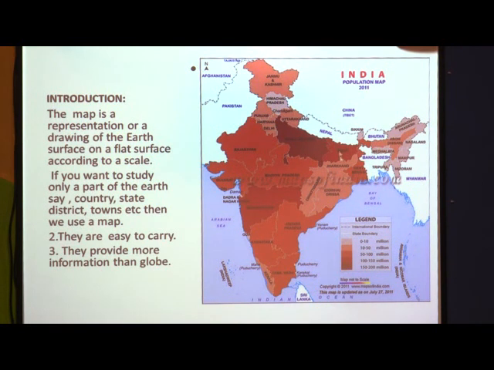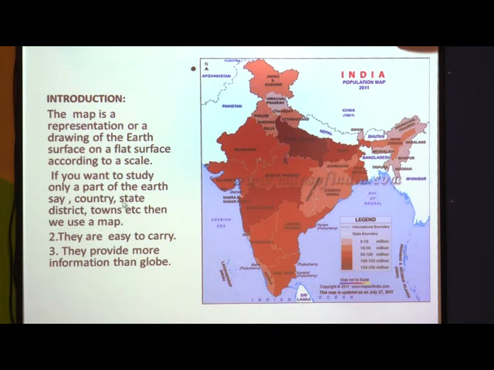If you want to study only a part of the earth, say a country, state, district, towns, etc., then we use a map. Like, if I want to see only the country India, then I will use this map of India to see the different states and cities of India.